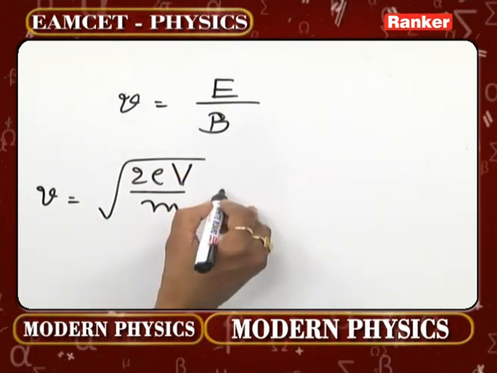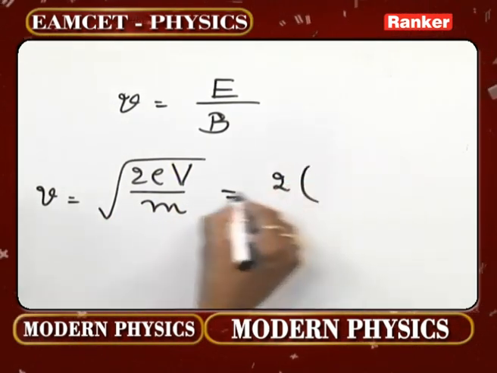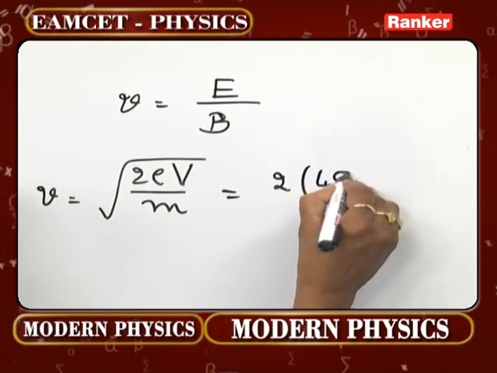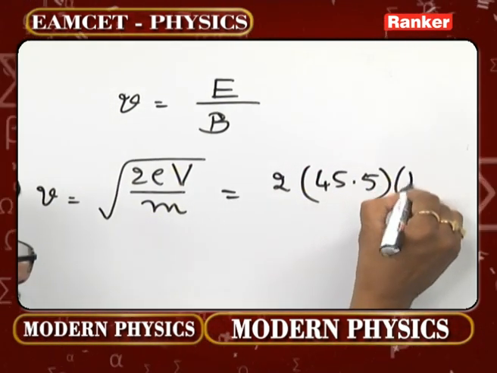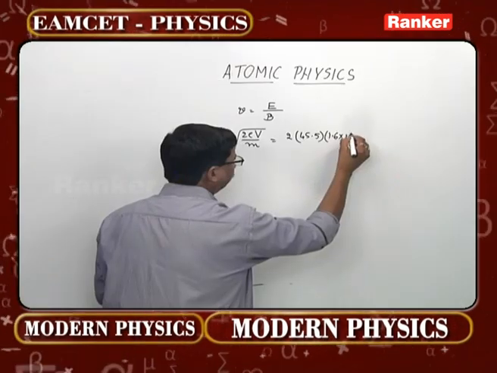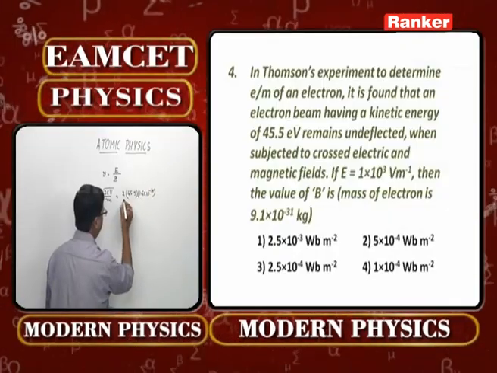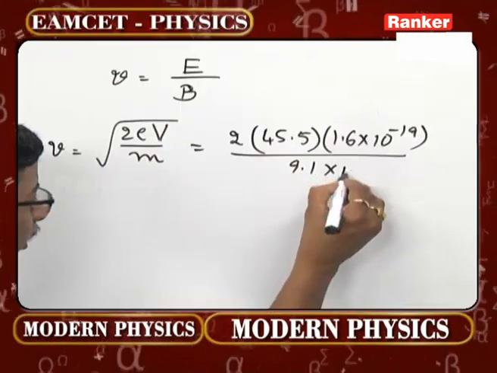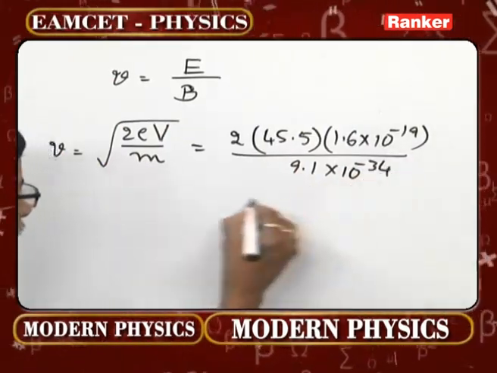Now you can write this one 2 times. What is the value of energy he has given you? 45.5 electron volt. 1 electron volt is 1.6 into 10 power minus 19 joule, by mass 9.1 into 10 power minus 31.